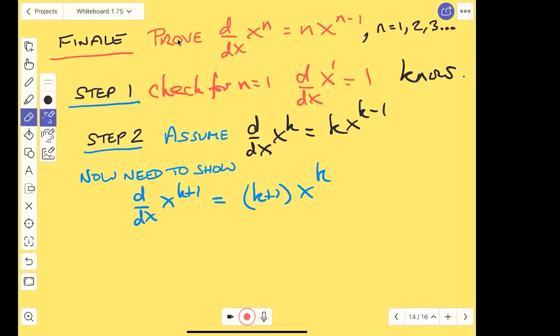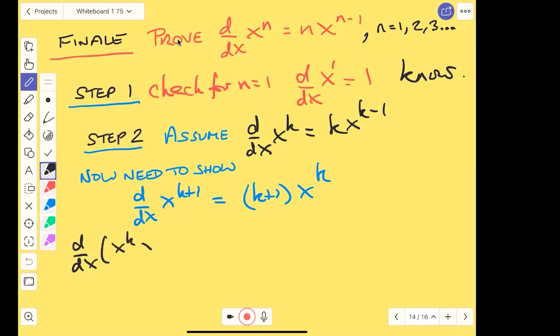And now, to do that, we just want to use our assumption. So we're going to say the derivative of x to the k plus 1 is x to the k times x, because this is x to the k plus 1. And we can use the product rule, which follows from our definition. That can also be proven.